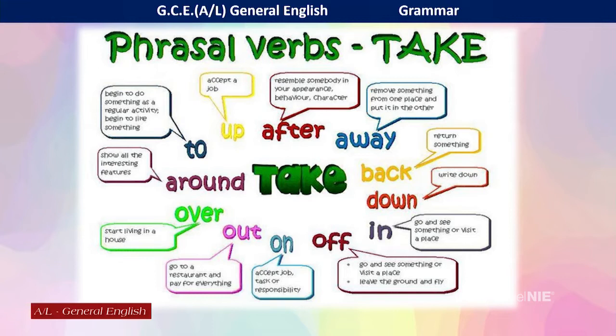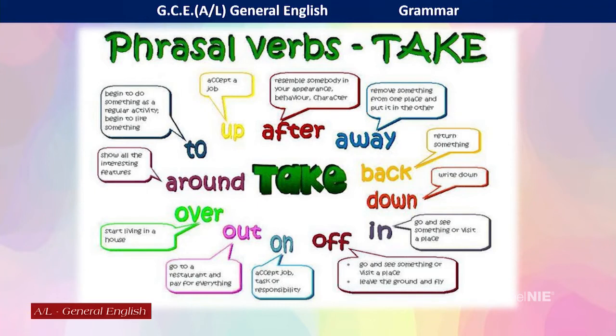Take away, that means remove something from one place and put it in the other. Take back, that means return something. Take down, that means you write down something. Take in, go and see something or visit a place.